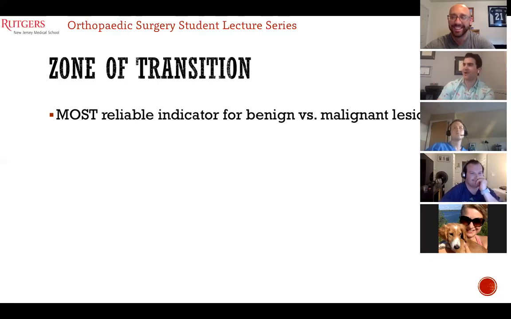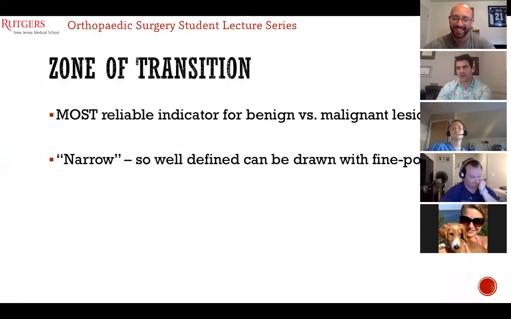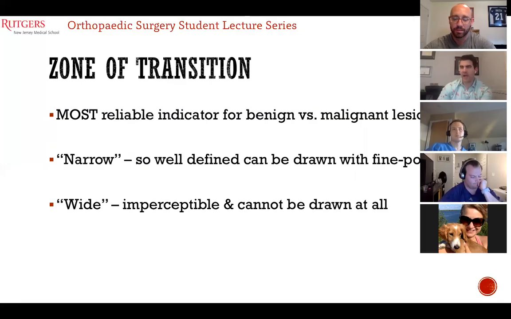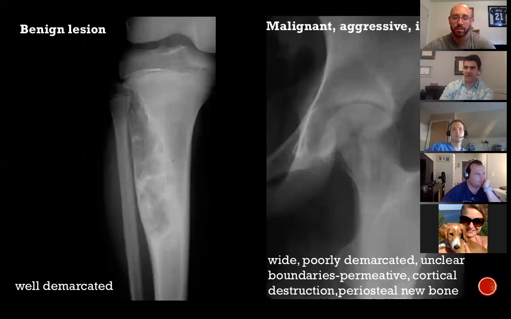Zone of transition. So again, this is your most reliable indicator. Like we said, a narrow zone means the lesion is well-defined; a wide zone is usually imperceptible and can't really be drawn. Two examples I got from Dr. Benevenia. We talk about a benign lesion here on the left. This isn't the most well-demarcated lesion that I've seen, but I think that's the point, that you're not going to see things purely in black and white on your rotation, but you can see that the lesion is stopping at a pretty definitive region here.